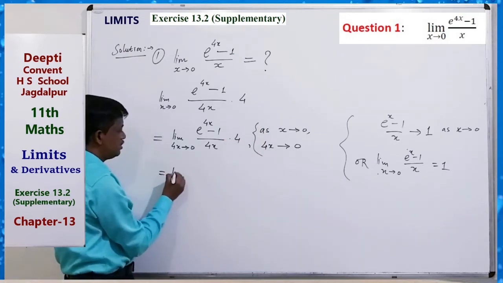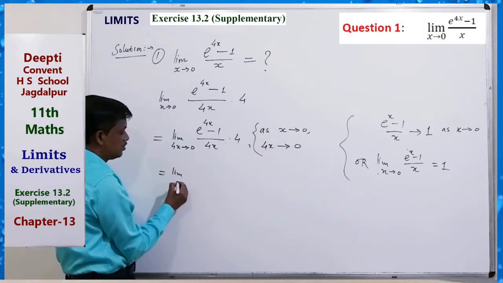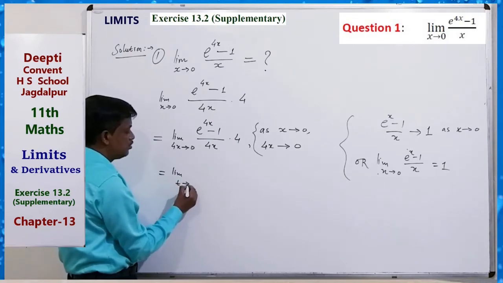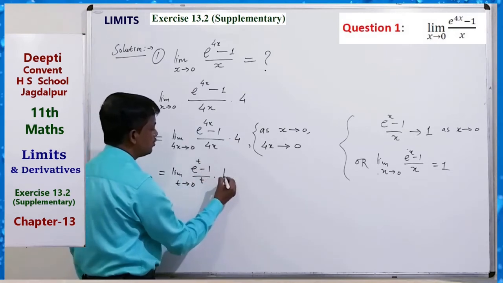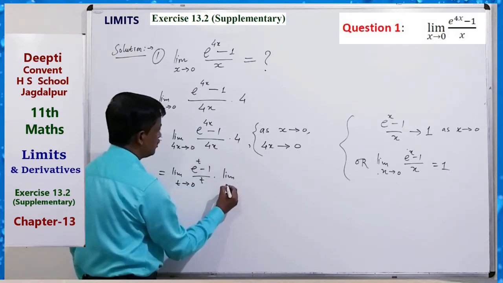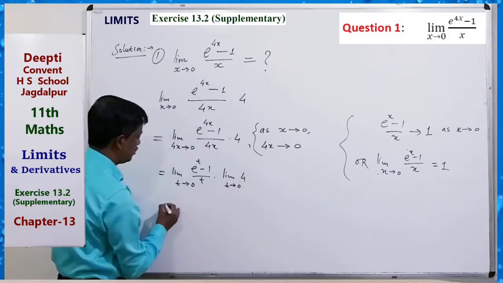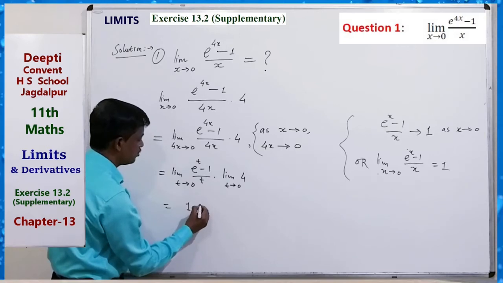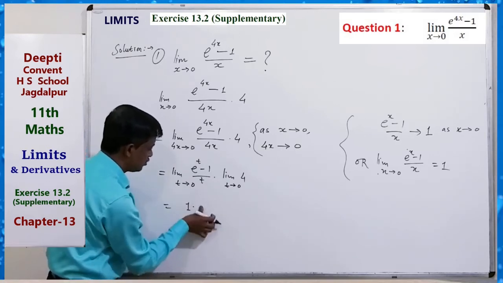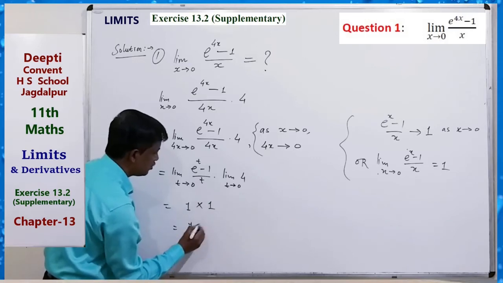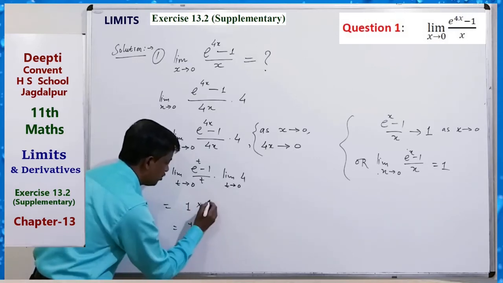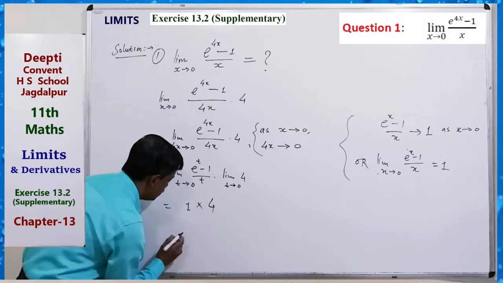So it can be written as limit t tending to 0 of (e to the power t minus 1) upon t into limit t tending to 0 of 4, equals 1 into 4. This is 4. Its limit will be 4.